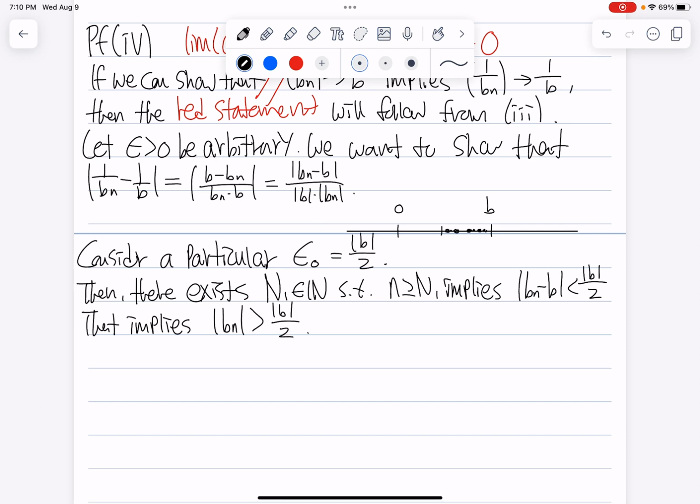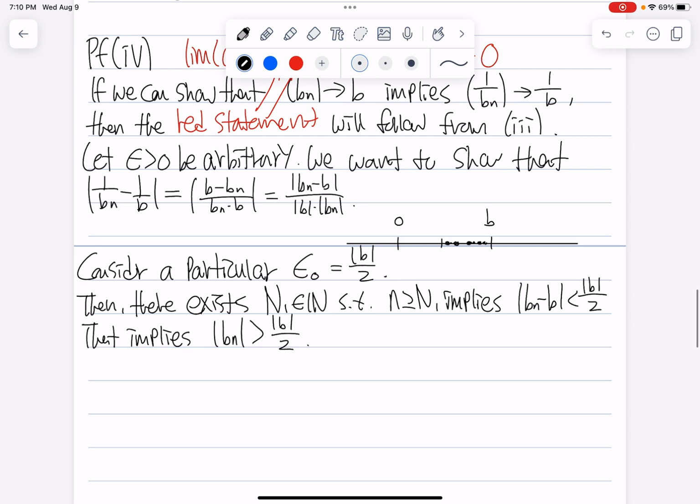Consider this. Look at the above picture. The absolute value of b divided by 2 is just half the length of b. So this length is just the absolute value of b over 2. There is a point in the sequence such that for all of the sequence after big N1, these terms are closer to b, closer to the limit, than they are to 0.